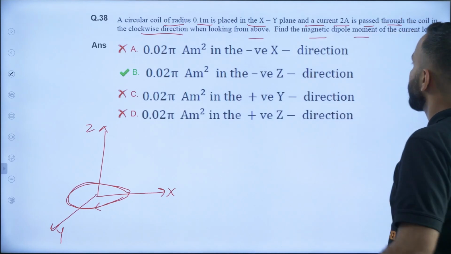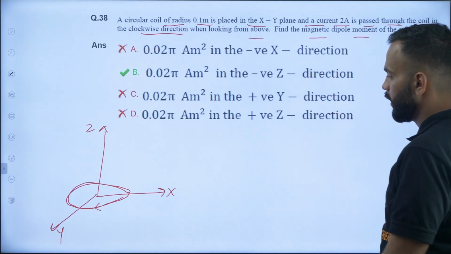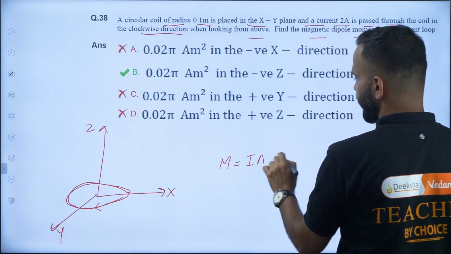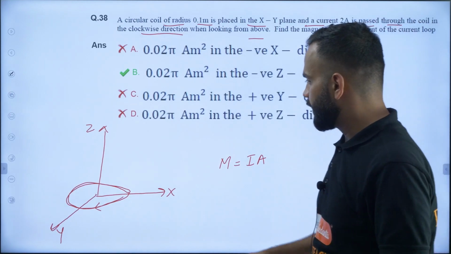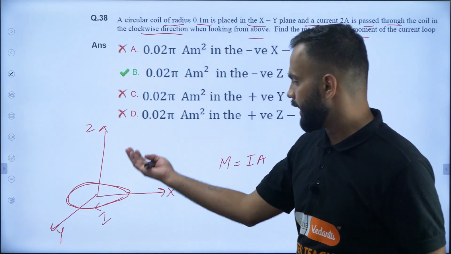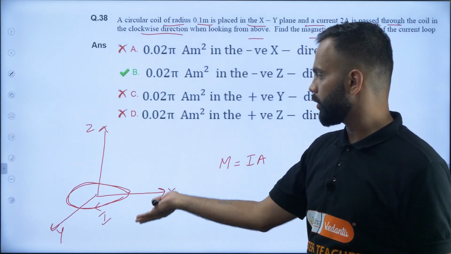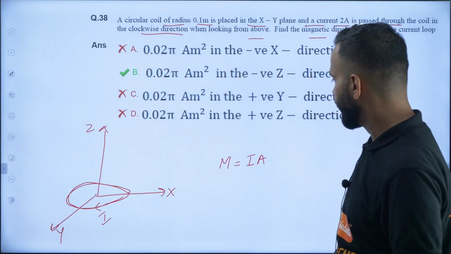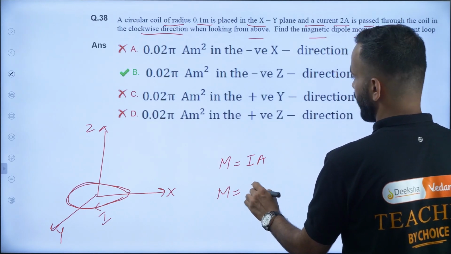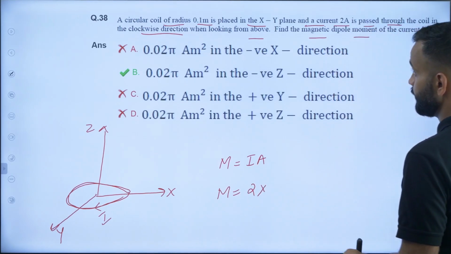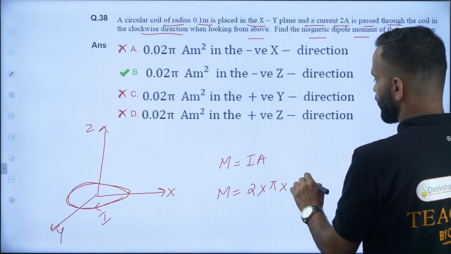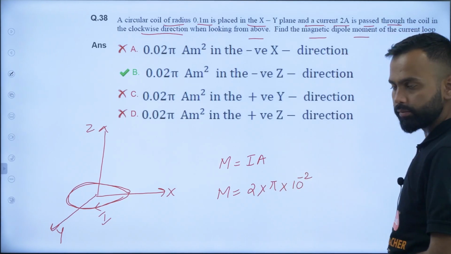Find the magnetic dipole moment of the current loop. So what is magnetic dipole moment? Magnetic dipole moment is equal to I into A, right? The current is in clockwise direction, so the direction of the area is in negative Z direction. So M is equal to current, 2 ampere, into area, pi into 10 to the power minus 2 meter square.